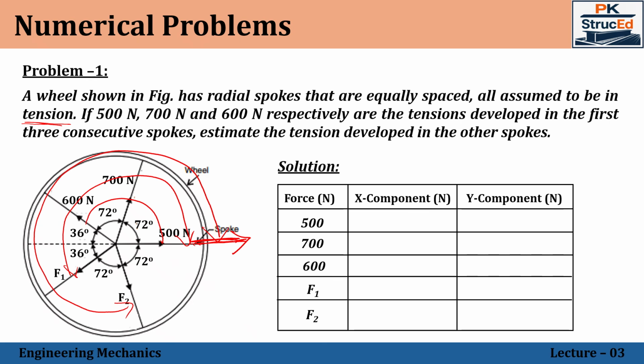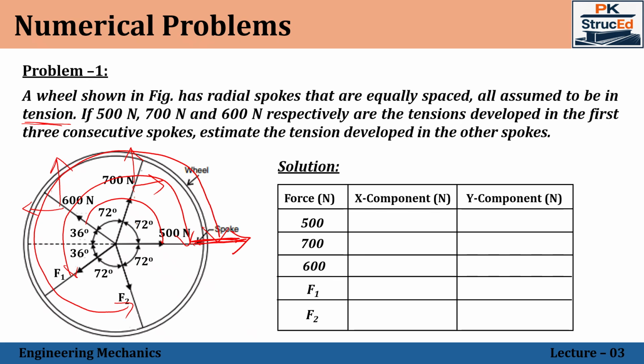Now, one more thing is that in previous cases we would be checking the direction of the forces. For example, if I am taking this 700 Newton force, the y component will be acting vertically upwards, x component will be acting horizontally in this way. Let me go with the 600 Newton, vertical component will be acting upward, horizontal component will be acting left side. Similarly, F1 and F2 also.